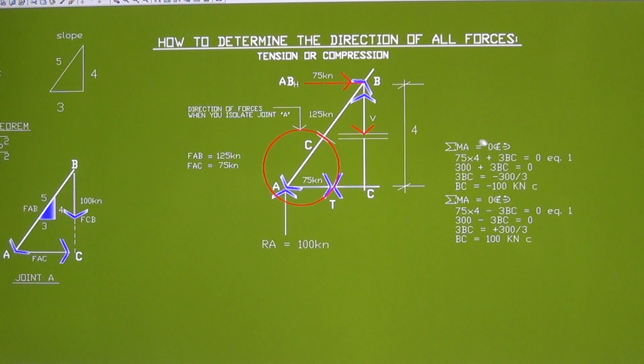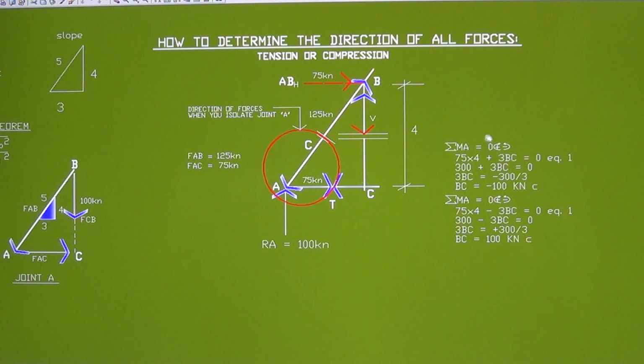When you assign a sign convention, you have to stick with it all the way until you complete solving all the stresses. You never have to change. You're not allowed to change once you assign the sign convention. You can assign counterclockwise as positive or negative, it depends on you, doesn't matter.